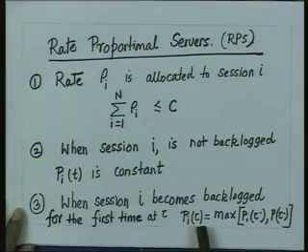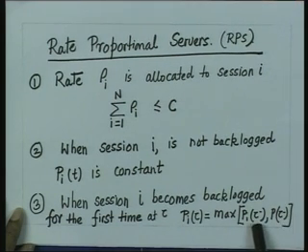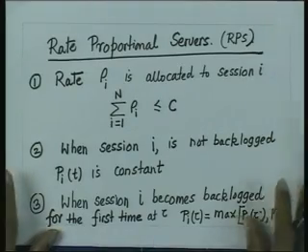So when session i becomes backlogged for the first time at tau, then its potential is updated to the maximum of the system potential or its own potential, whichever is greater.